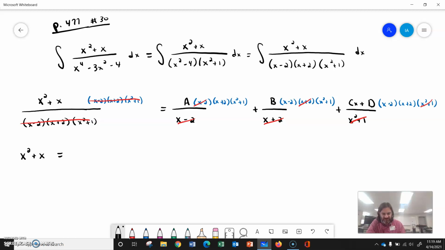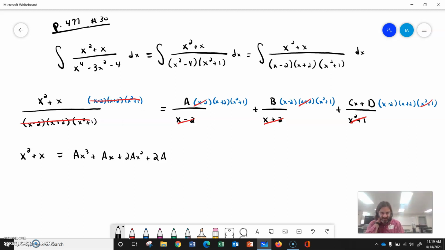I'm going to do it rather slowly in my head and talk through it, but I'll have ax cubed plus ax plus 2ax squared plus 2a. So you write that out and make sure you get the same thing that I'm getting. A lot of terms there.